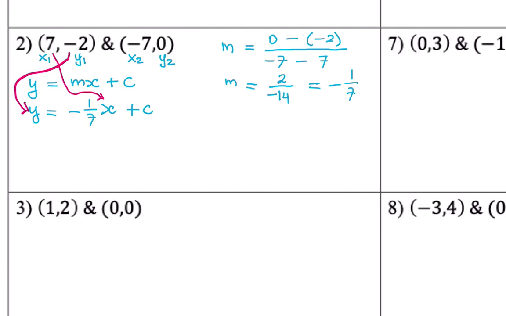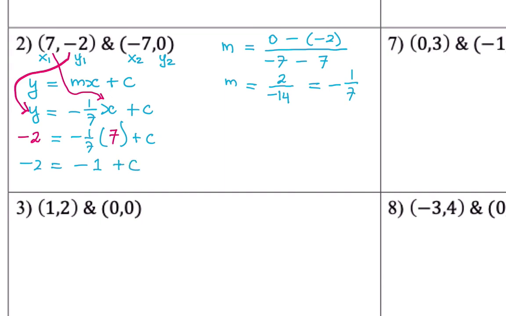Very simple, we will have negative 2 here for y and 7 for x, and I will complete the equation plus c. So then we have negative 2 equals negative 1/7 times 7. If you are hesitating, you can always use your calculator, but the result is negative 1 plus c.